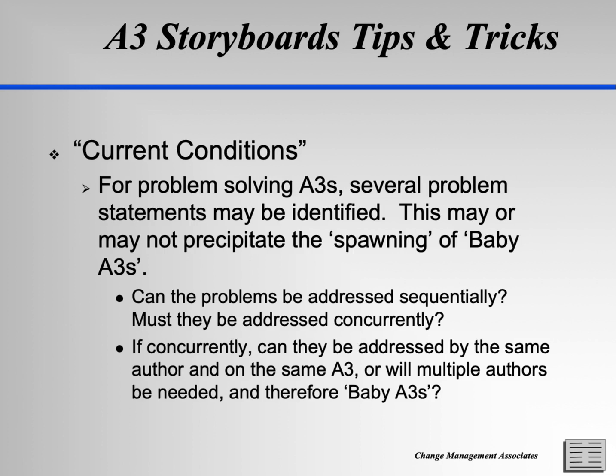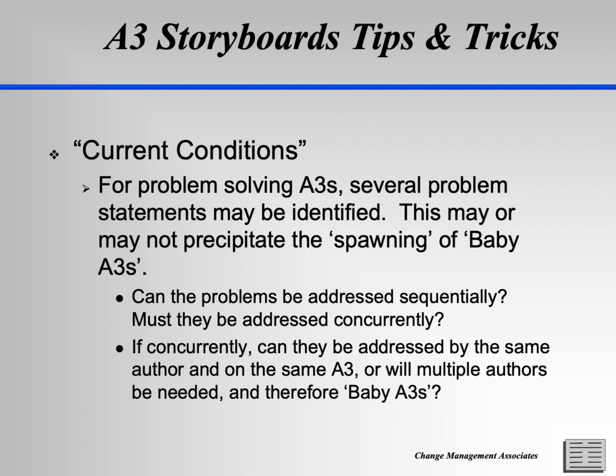At times, the information gathered during the current condition stage results in identifying multiple problems. This is one point of the process where an A3 may branch off into several other A3s, what we call baby A3s. Whether this is necessary will depend on how the author sees the effort going forward.